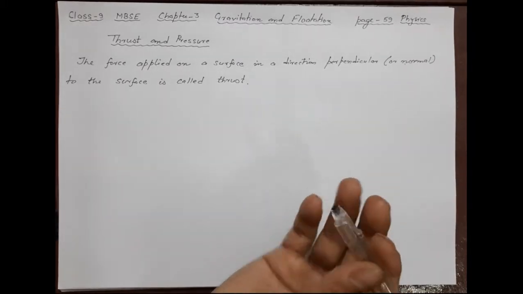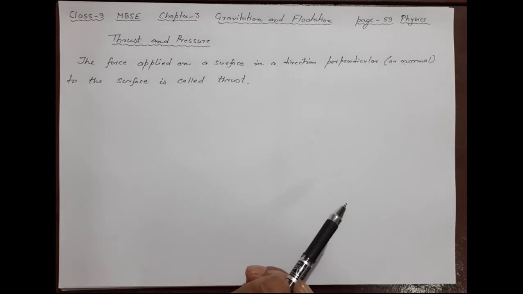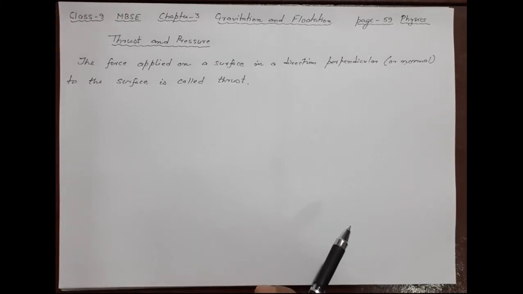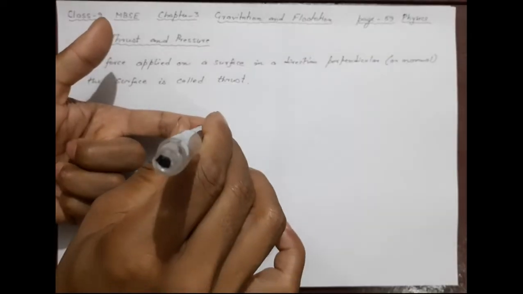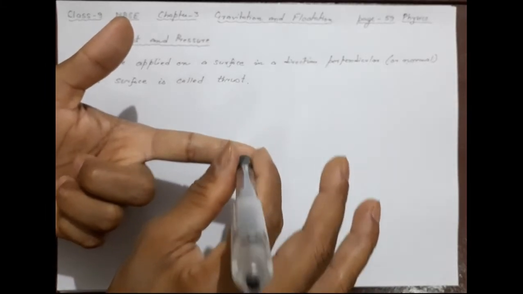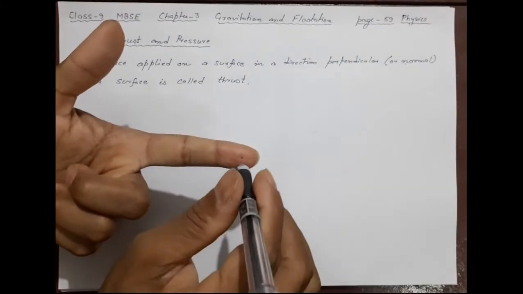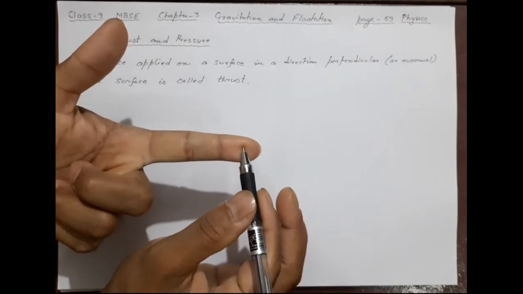It is a force which is perpendicularly applied. That is called thrust. For example, if you apply the thrust in a perpendicular direction, it has more effect. If I put my pen like this, it will hit me more firmly and give some pain. But if it is like this, it will give less pain.